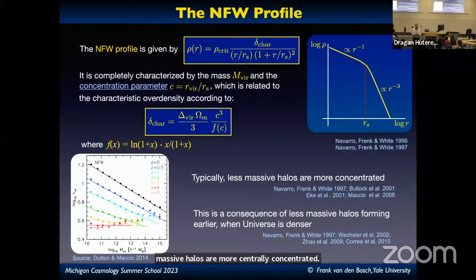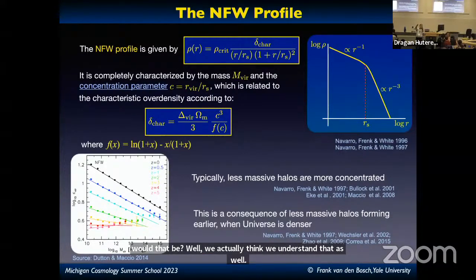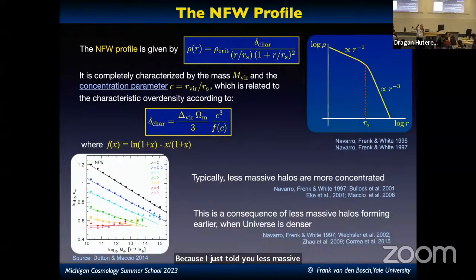Well, we actually think we understand that as well, because I just told you less massive halos assemble earlier. Earlier means when the universe was denser. So the halos end up being a little bit denser, a little more concentrated. That simple idea allowed us to develop analytical models for what the halo mass concentration should be as a function of halo mass and cosmology and redshift. And here these lines are such a model, and they fit the simulation result.